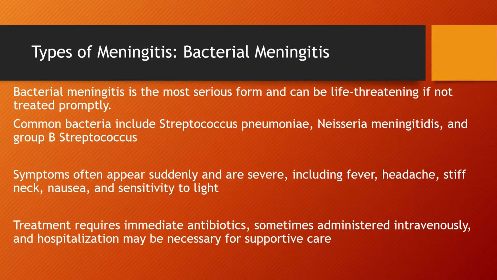However, here in the Caribbean, we know that dengue fever can also have some of these symptoms, especially the fever and the photosensitivity. So having an accurate diagnosis at the very onset is really critical. Treatment requires immediate antibiotics, sometimes administered intravenously, and hospitalization may be necessary for supportive care.